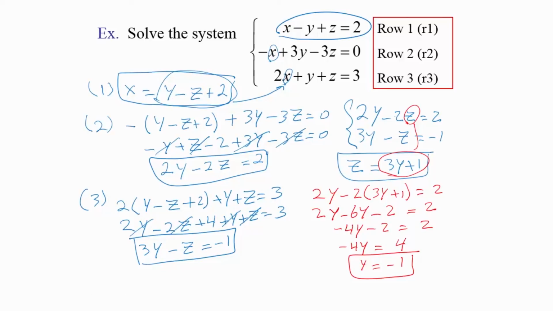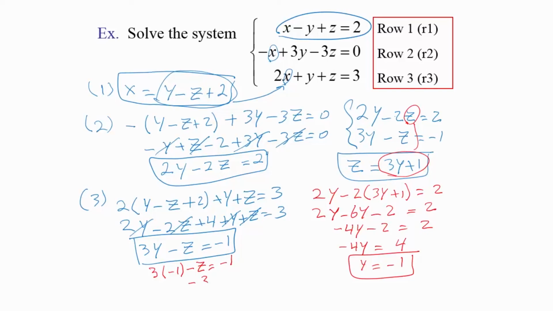Now I've solved for one of the variables. Y is equal to minus 1. So if I plug this y equal minus 1 into either one of these 2 equations up here, I should get the z value. Let's do it here since I have it written here. So 3y would be 3 times minus 1, minus z equal minus 1.